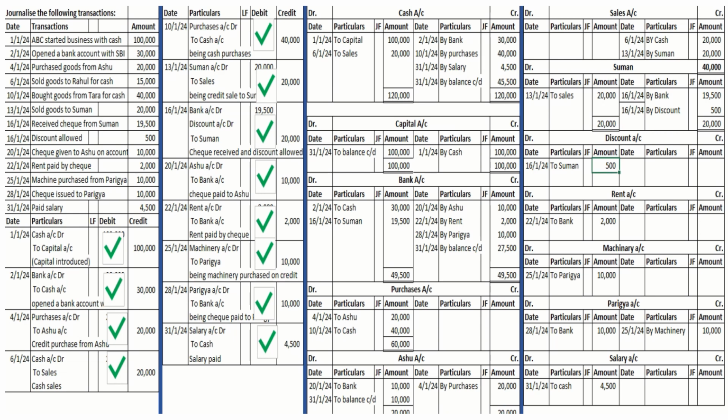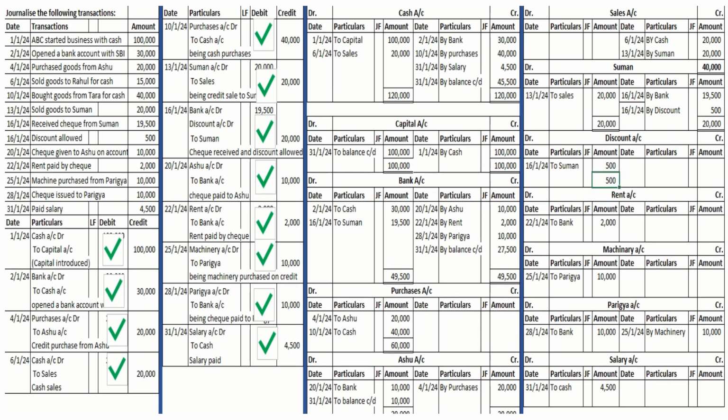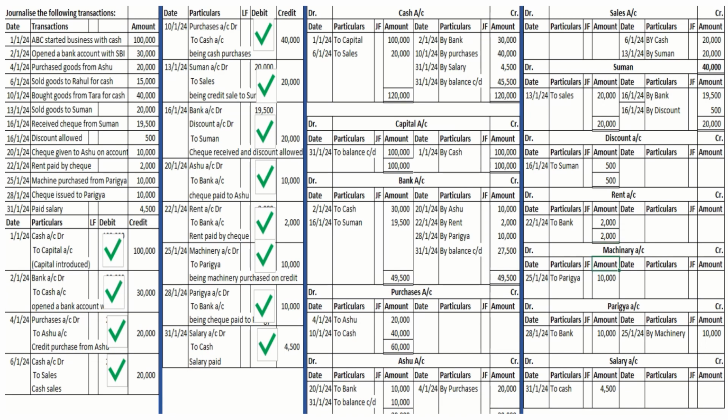20,000. The discount account is an expense, so just making the total. The rent account is also an expense account. We are just making a total. Machinery is an asset, so we need to balance. This is the higher side, so we will be writing by balance carried down 10,000.